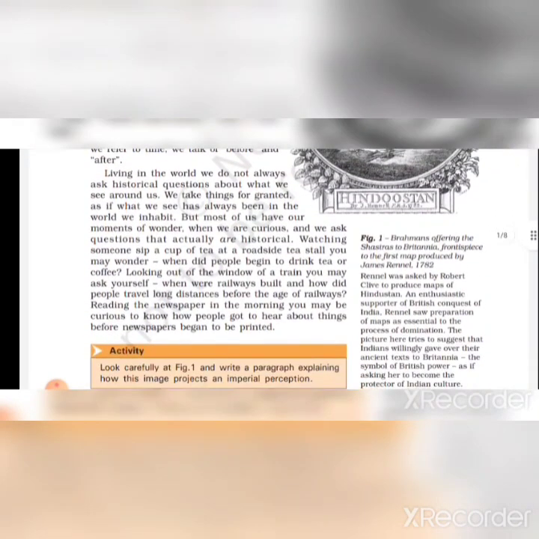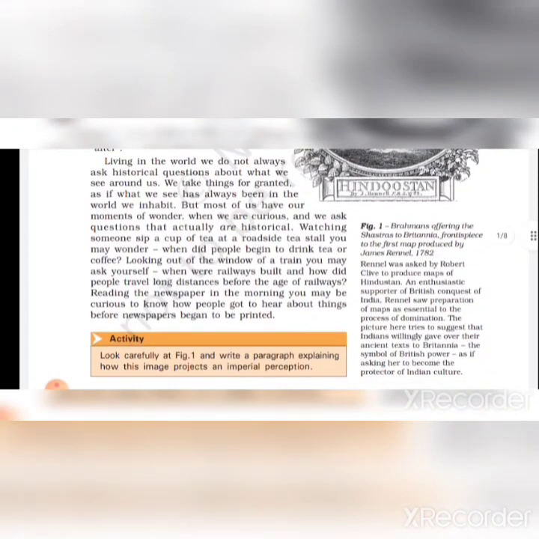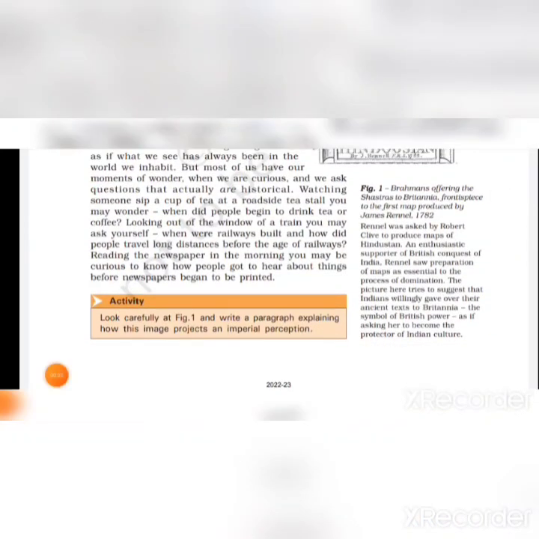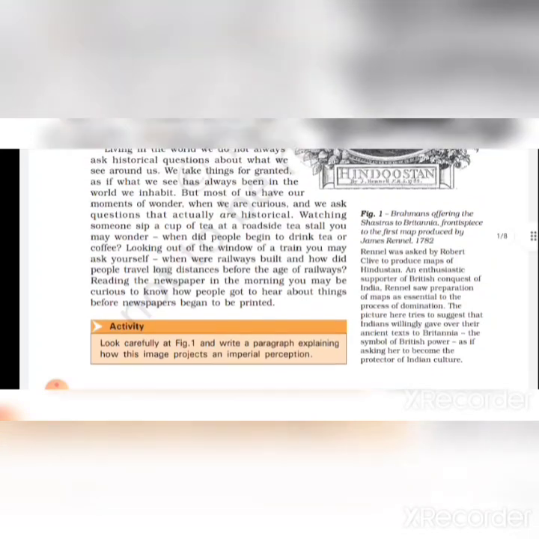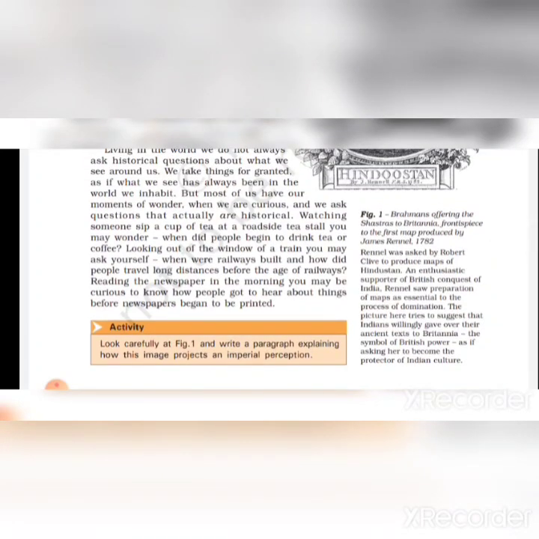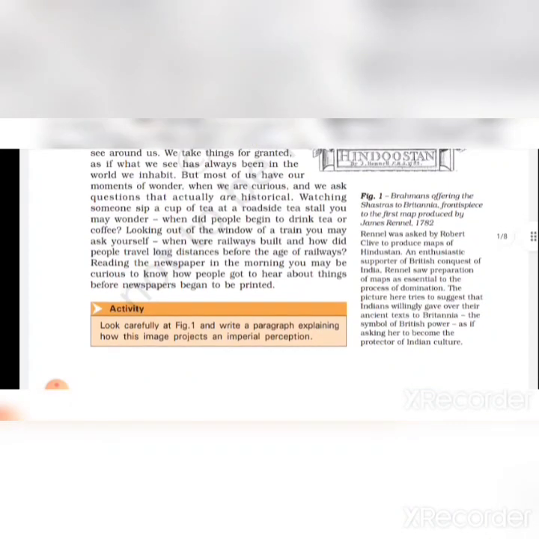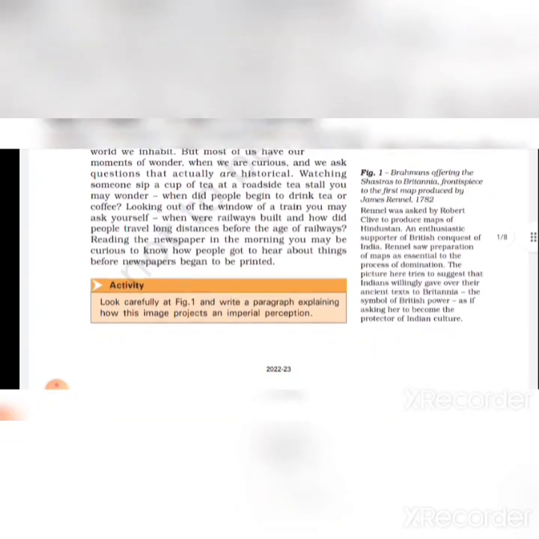Figure 1. Brahmins offering the Shastras to Britannia. Activity: look carefully at Figure 1 and write a paragraph explaining how this image projects an imperial perception. Brahmins offering the Shastras to Britannia, frontispiece to the first map produced by James Rennell, 1782. Rennell was asked by Robert Clive to produce maps of Hindustan.